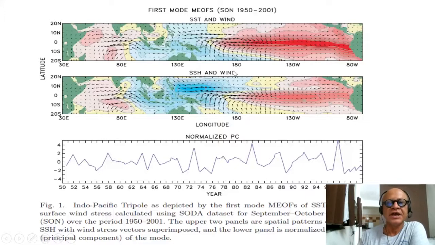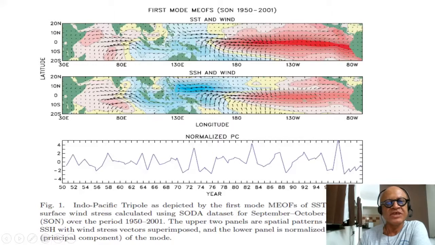So the idea from Dake Chen, which has been proposed, is that there is actually something like a tripole in the Indian Ocean. So this really depends on how you analyze. We have looked at El Nino and talked about Nino 3.4, Nino 4, Nino 3, and so on.